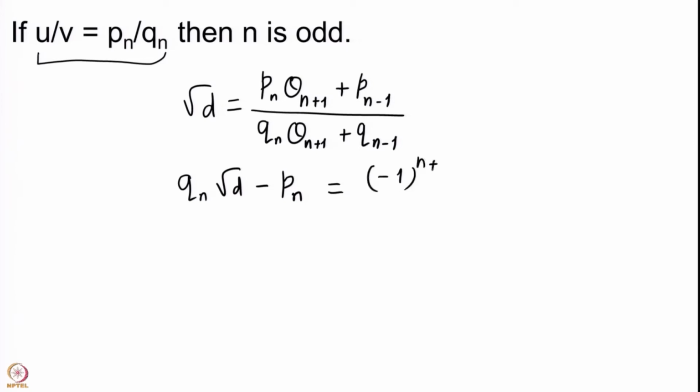What we get here is that this is minus 1 to the power n upon Qn theta n plus 1 plus Qn minus 1. So, this part turns out to be Qn theta n plus 1 plus Qn minus 1 if n is even.